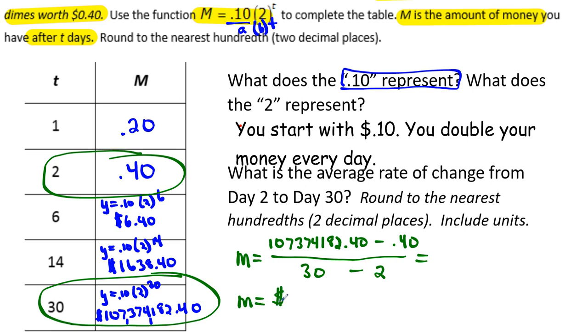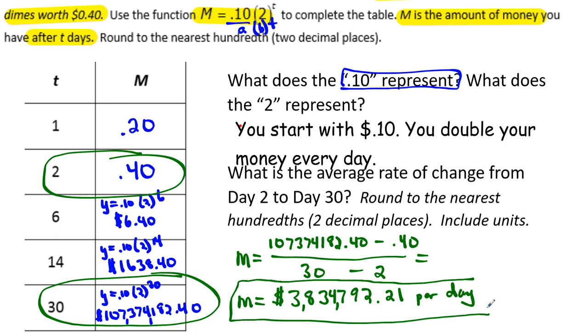Because we're talking about money, so dollar sign, 3834792. So put our commas here. So it looks like $3,834,792.21 per day was the rate of change between day 2 and day 30.